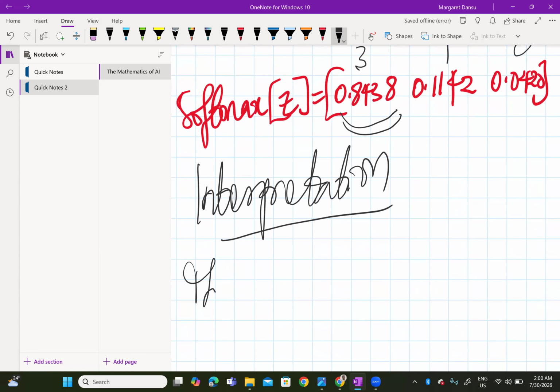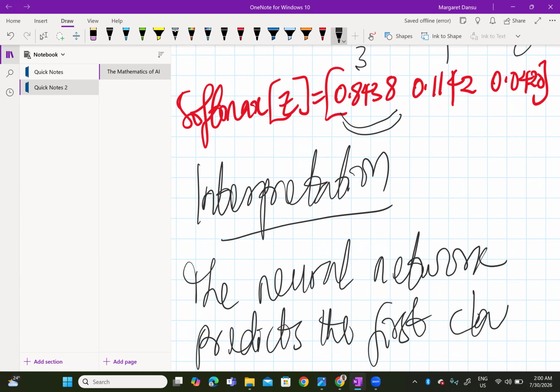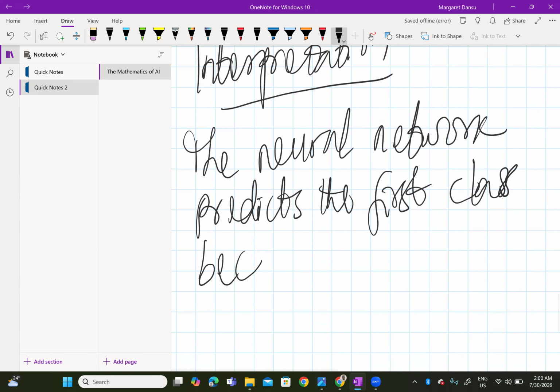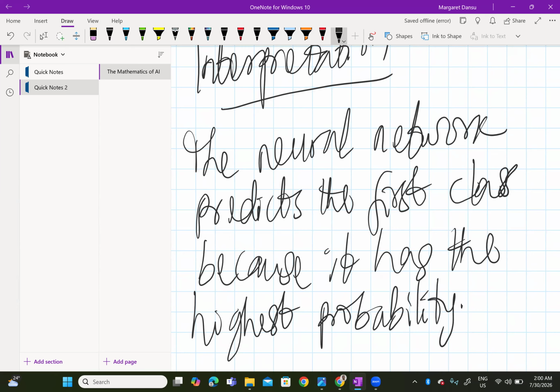So we say that the neural network predicts the first class, that's class 3, because it has the highest probability, 0.8438.